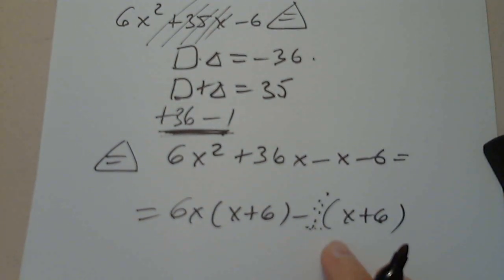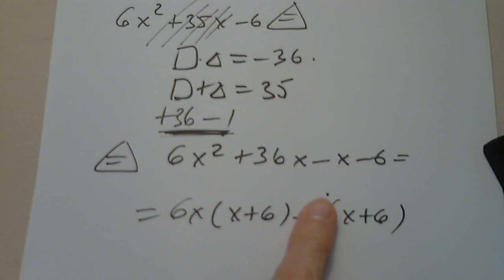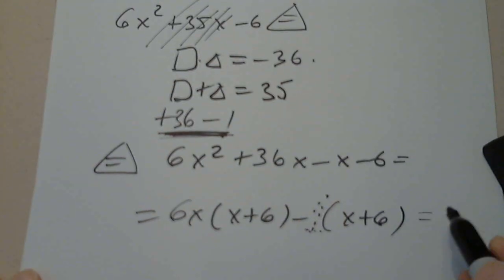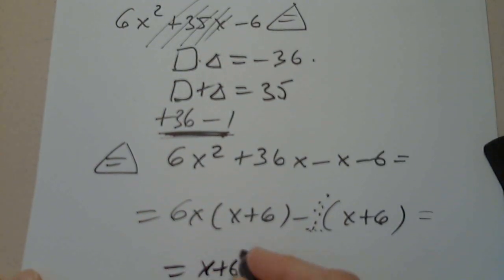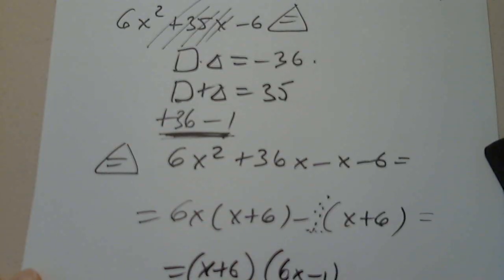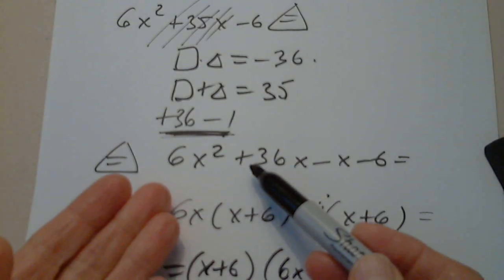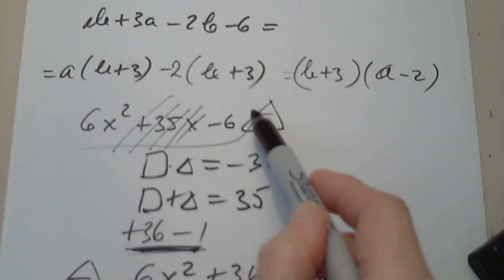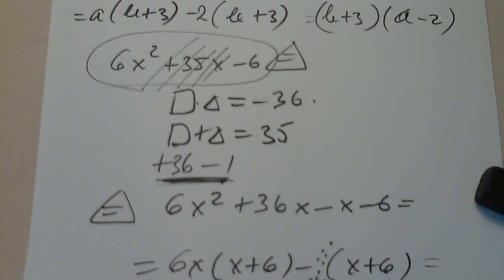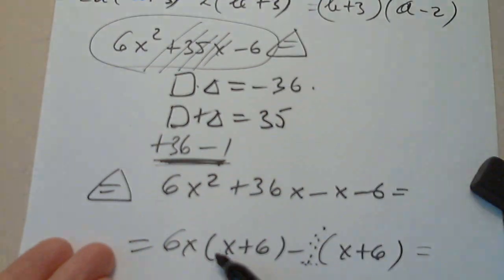I put it here because I've seen it. Students write x plus 6 times 6x. Oh, that's not possible. So it's x plus 6 times 6x minus 1. Don't enter anything. Just multiply them and see if you get the original problem. If you multiply these two and you don't get the original problem, then this is wrong.